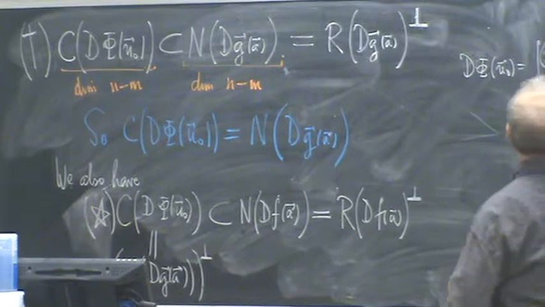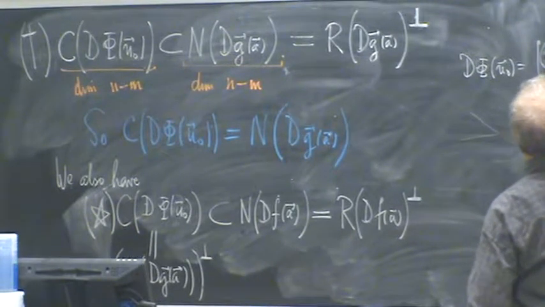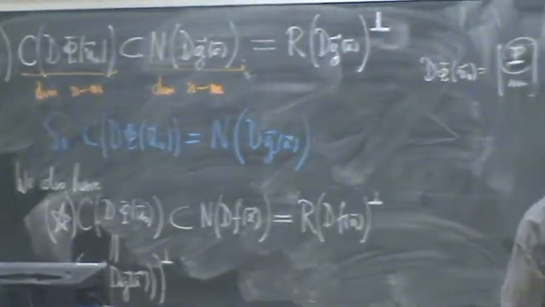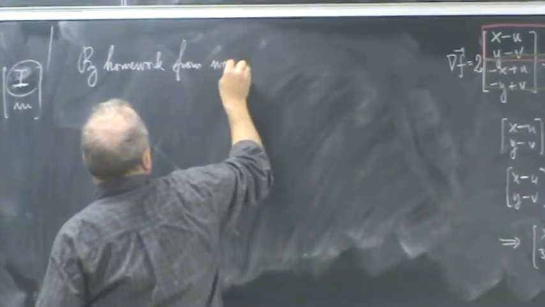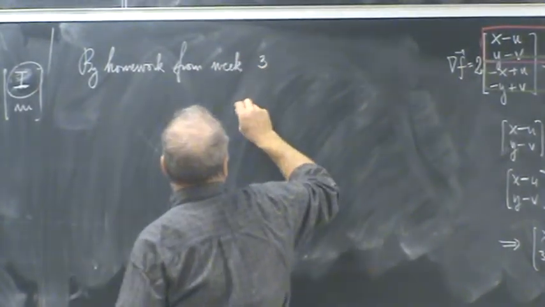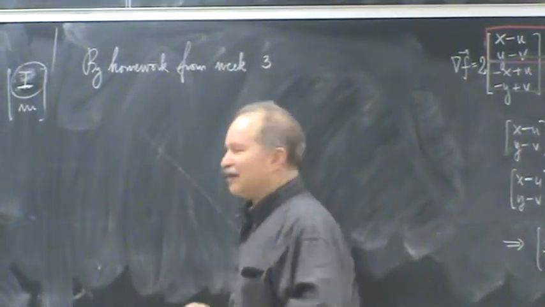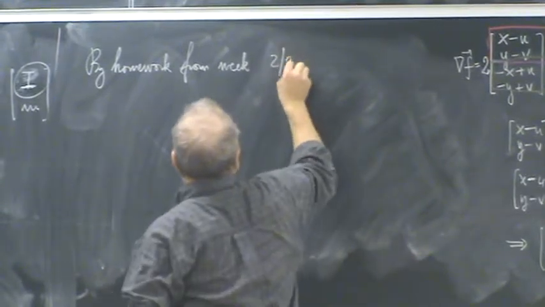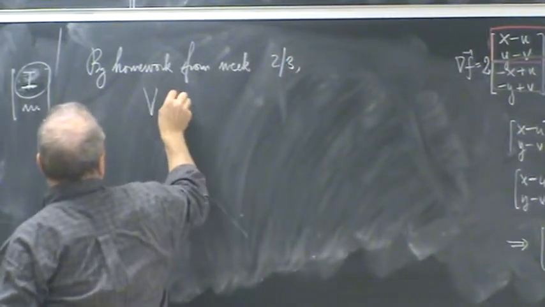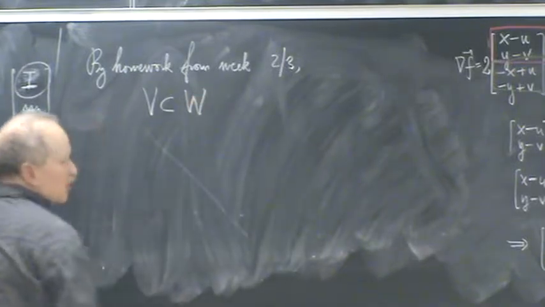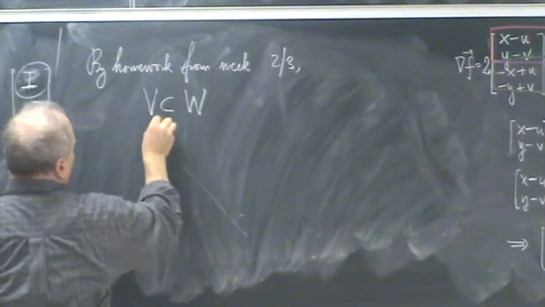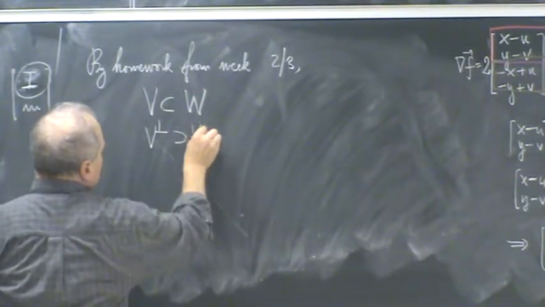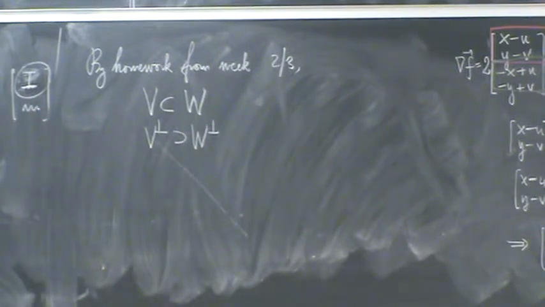By your homework, I remember this from week 3, or maybe 2. We move pretty quick. If you have one subspace contained in another, the perps have the reverse containment.